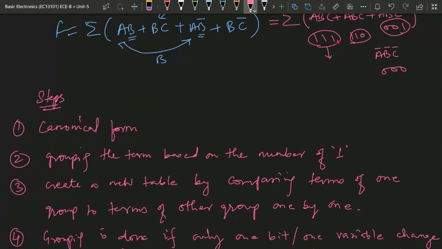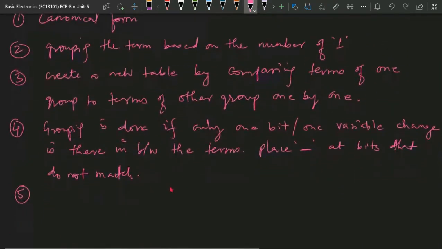So one bit change is there. After comparing, we will write 1 1, and at this position it is 0 and at this position it is 1. So one bit change is there, so grouping of these two terms will take place, and at this position we will place a dash. So dash will be placed where there is a change in bit.